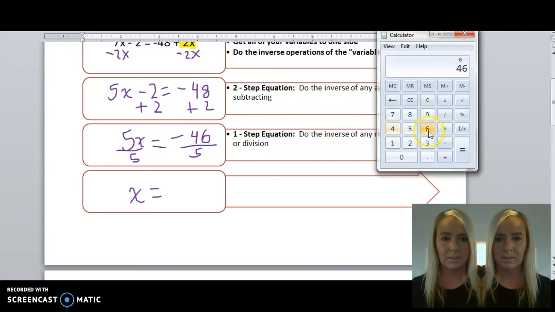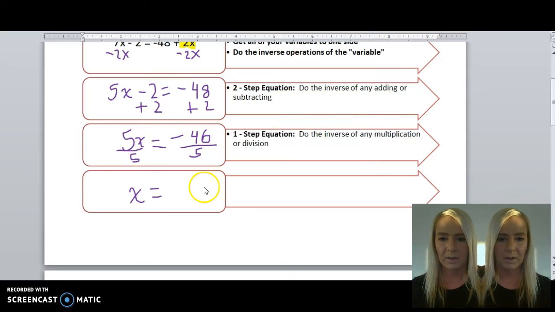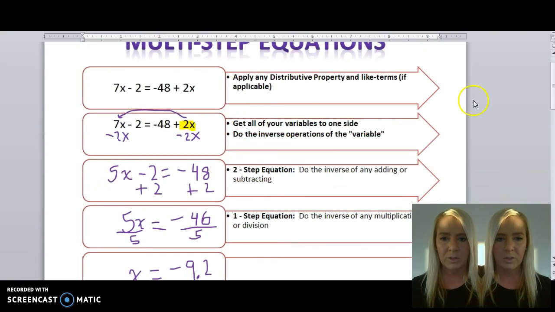Negative 46 divided by 5 gives me negative 9.2. And what this is saying is if I go back into my original equation and do 7 times negative 9.2 minus 2, and negative 48 plus 2 times negative 9.2, both sides will be equal to each other.